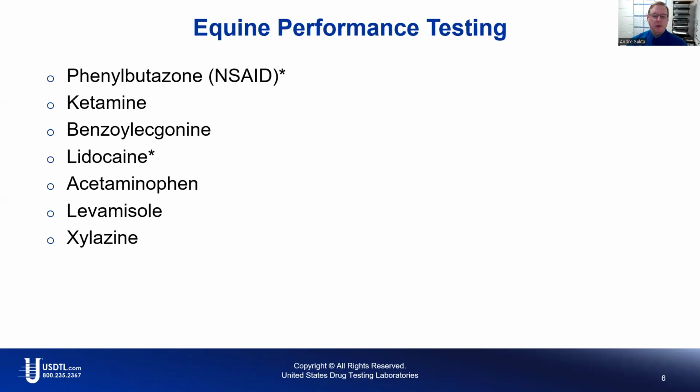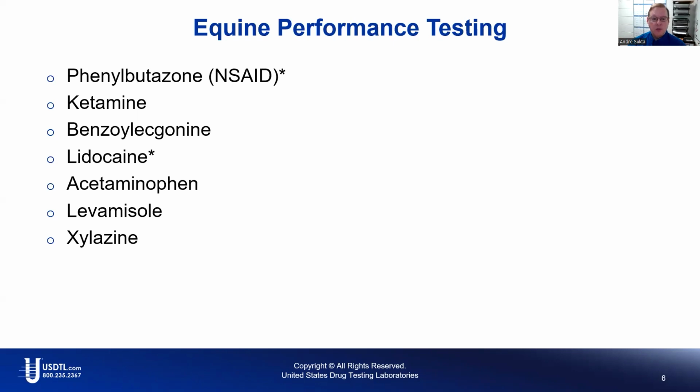And so while phenylbutazone is normally allowed, it is not allowed within 24 hours of the race. There were studies that were done, and then we had a cutoff that allowed us to detect whether the horse was given that compound less than 24 hours prior. So that's the one that was most commonly abused.